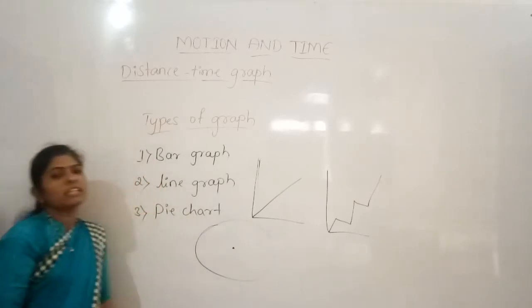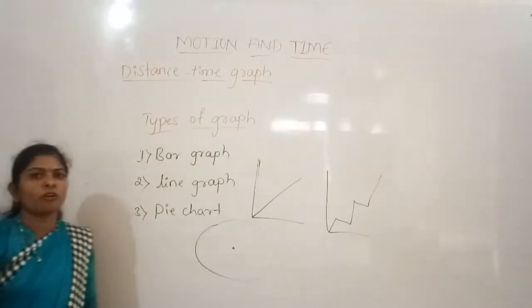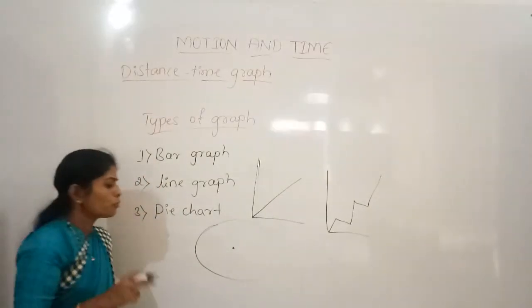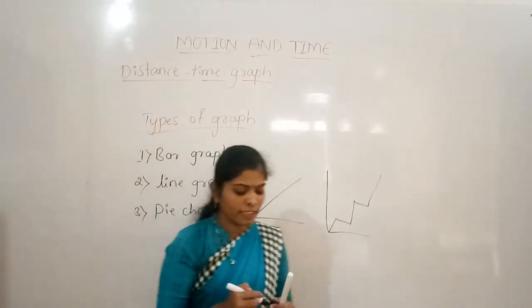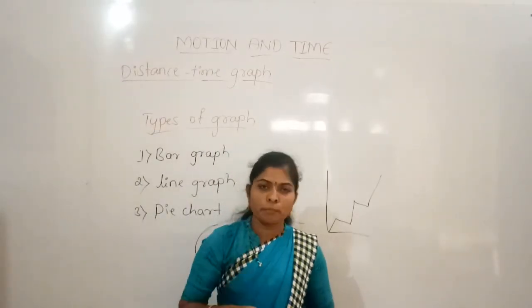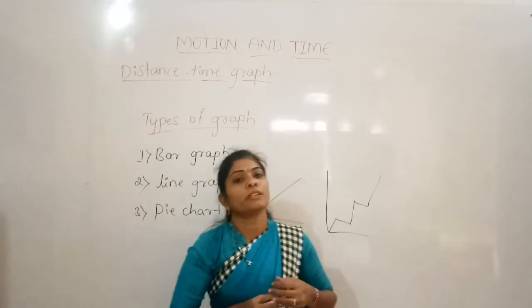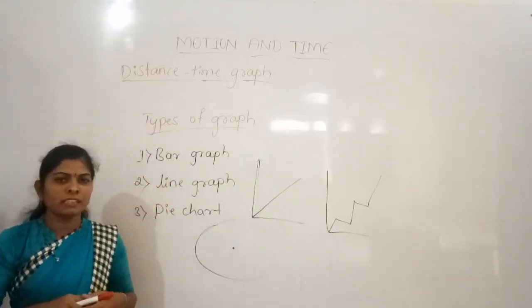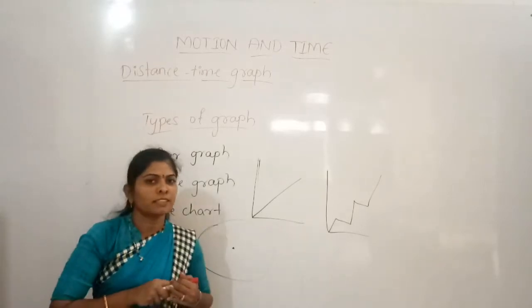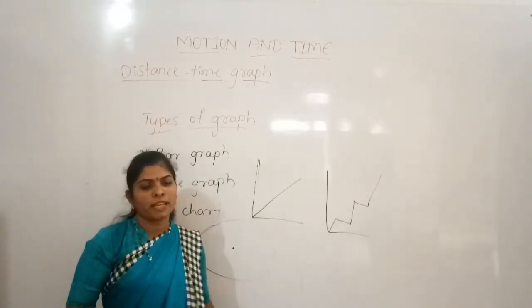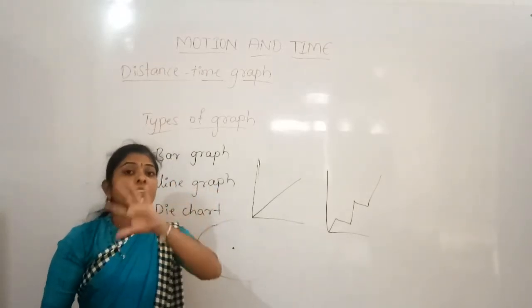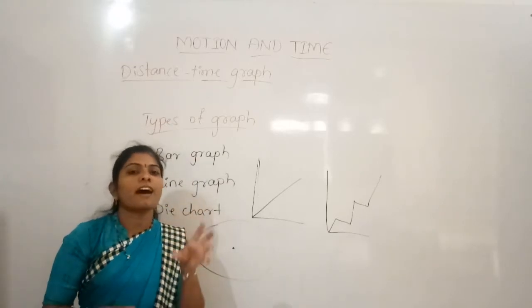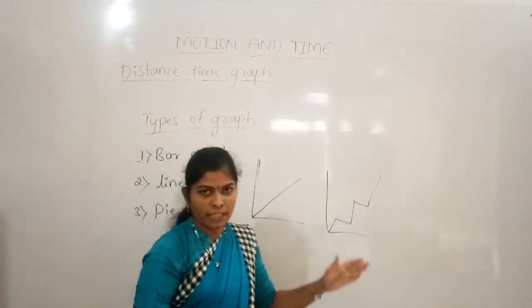For example, if we want to show the composition of air, you know that air consists of 78% nitrogen, 21% oxygen, 0.04% carbon dioxide and 0.06% other substances. Yes, so they are there in the atmosphere. These are the composition of air.